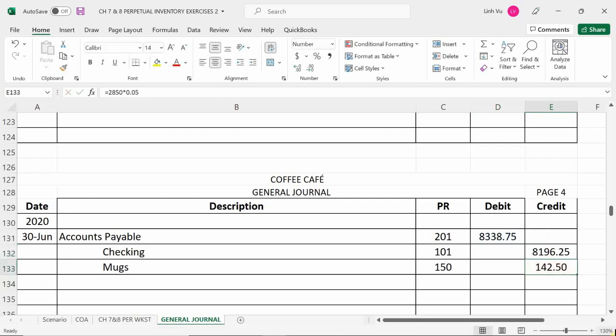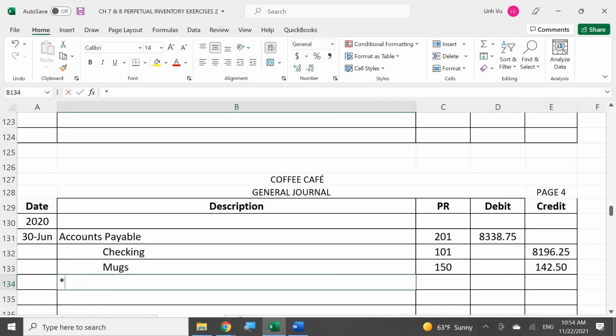So the total amount of the check that I'm going to be writing out is $8,196.25. I'm going to make sure I make a note here that I paid for all 3 purchases. Actually, sorry, let's do that again.